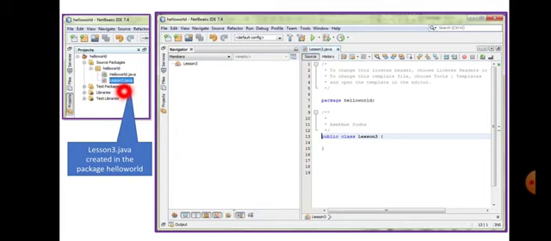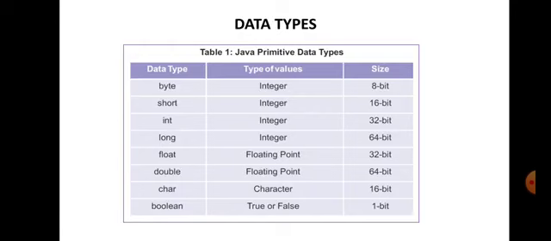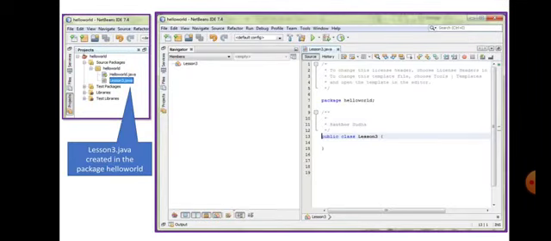So as and when you create files, all these files will be listed one below the other under this source package. Hope this is understood. I have clearly mentioned over here, lesson3.java is created in package hello world. If you want to create lesson 4, you can create lesson 4, lesson 5, something like that. So all those things will be one below the other.